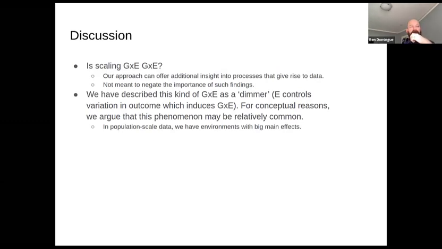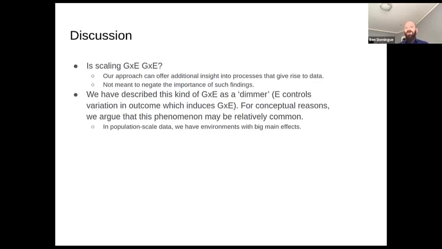So I described earlier this idea of a dimmer. I think that's a stylized form of G by E that we should think more about. And the basic notion is just that E might in fact control a lot of the variation in outcome, which could induce G by E. And for conceptual reasons, I think this is likely to be a bigger problem now than it was historically.